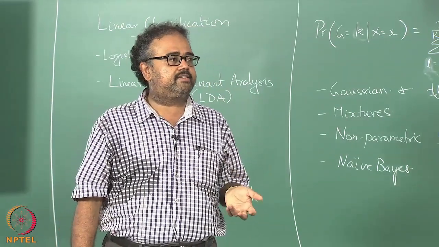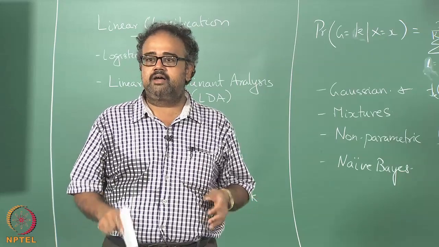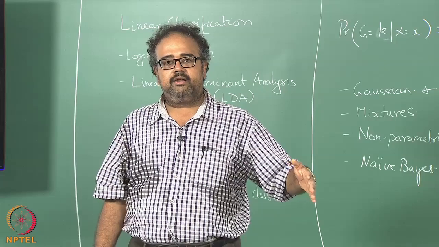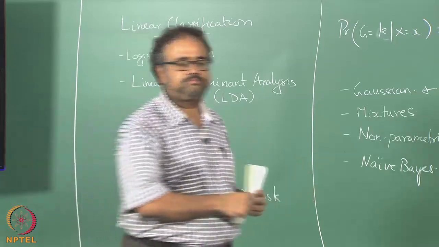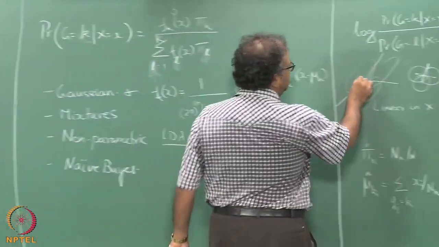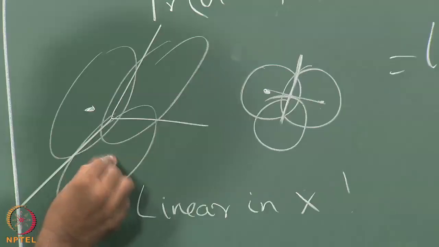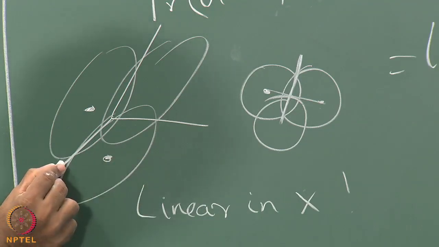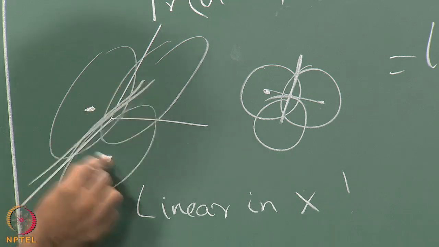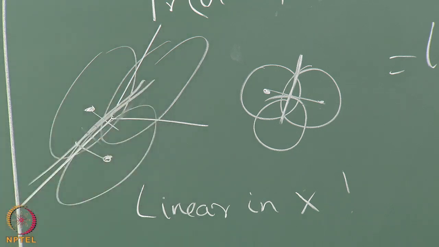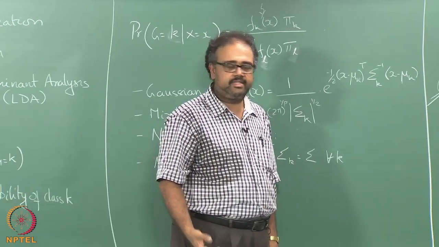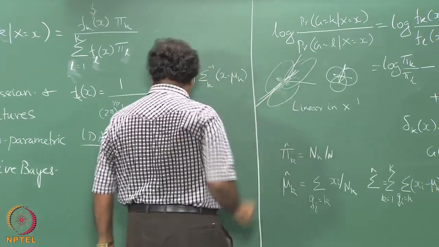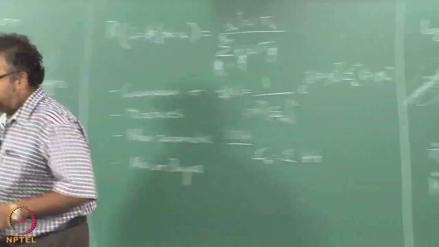It tries to find a direction such that the means of each class are as spread apart as possible. So in this case, suppose this is the mean and this is the mean. I am choosing some direction where the means are as spread apart as possible. This is essentially the idea behind LDA, and we will just take that as our assumption.